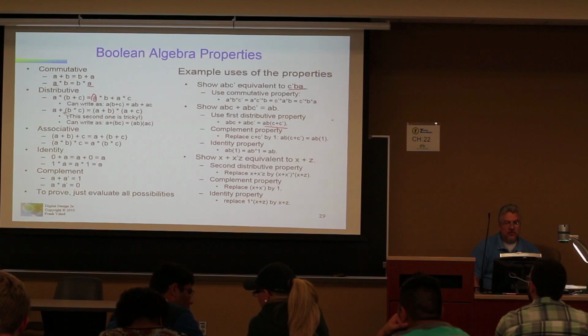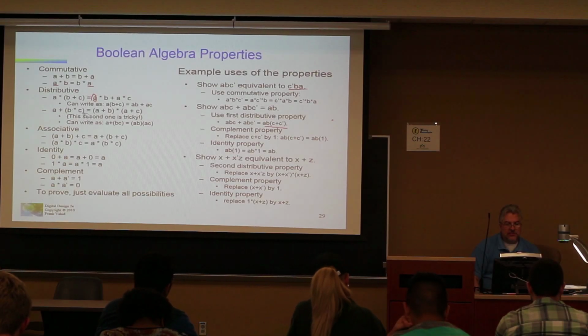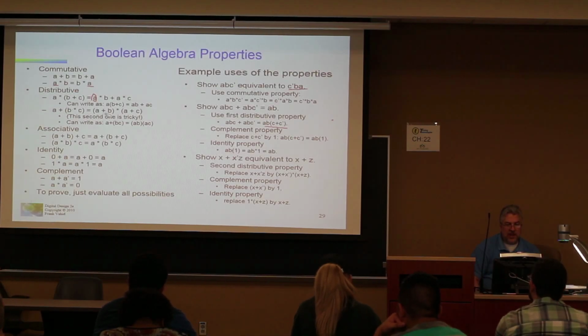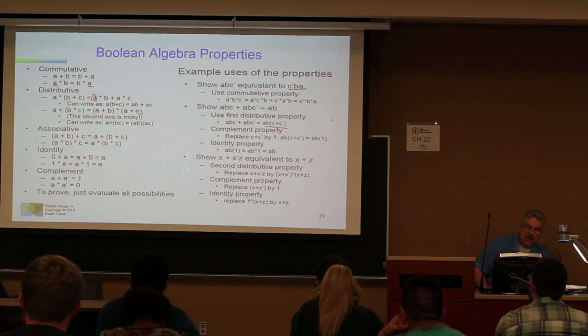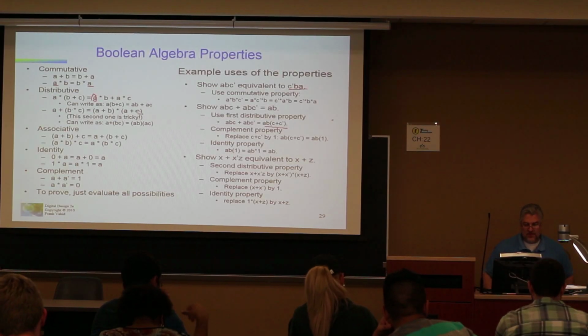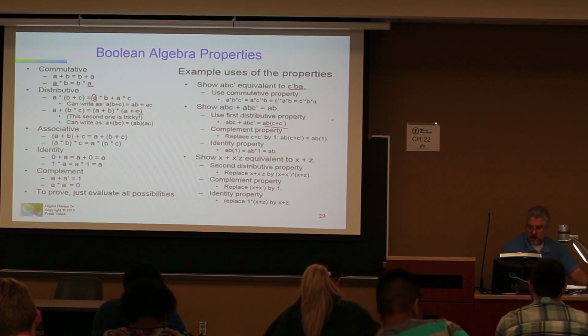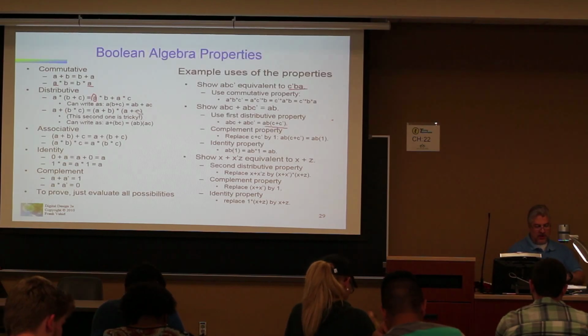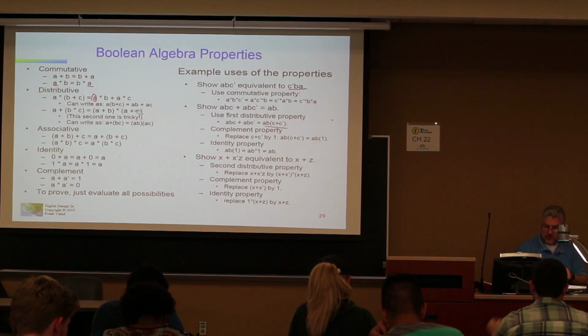A or B and C is the same as A or B and A or C. So let's write this down. In fact, let me write it down on a sheet of paper and we'll take a look at that in a little bit more detail.